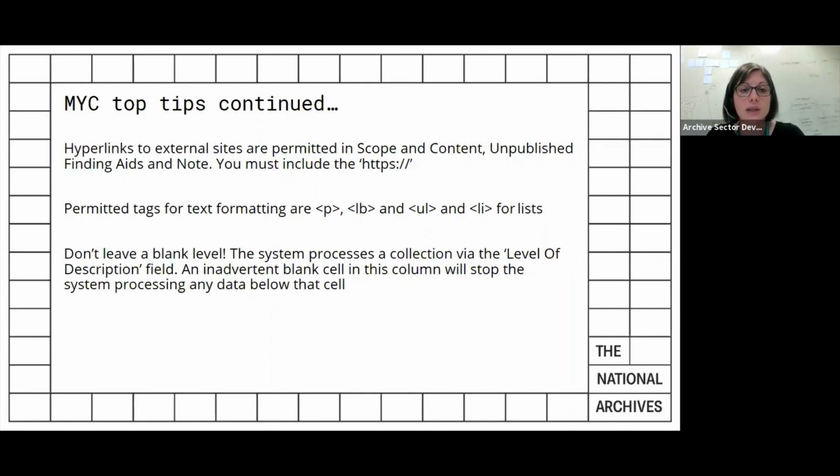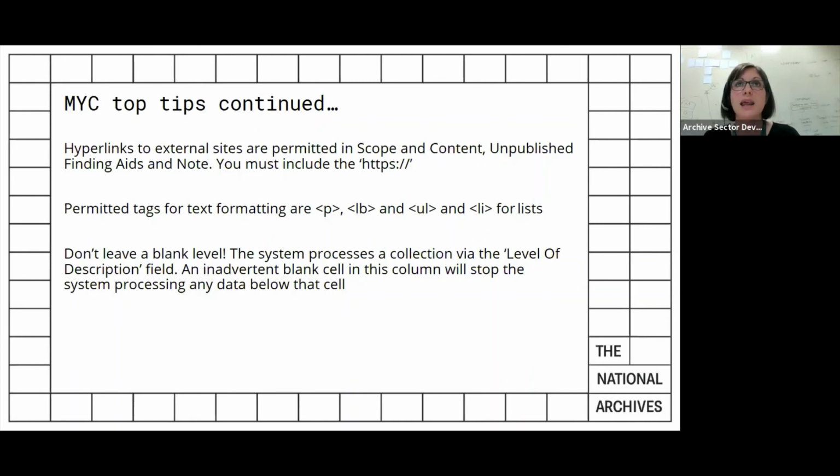If you leave a blank level in that column, the system will just stop processing, thinking that it's the end of the collection, even though there's data below it, because that's how the system processes the collection. So it happens to the best of us.